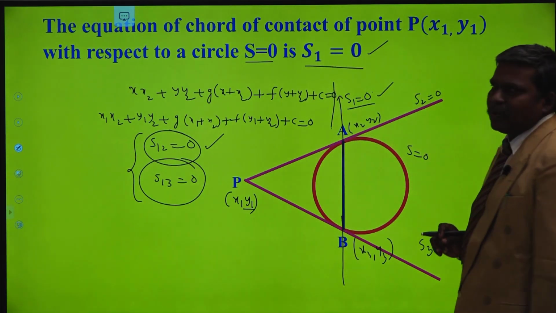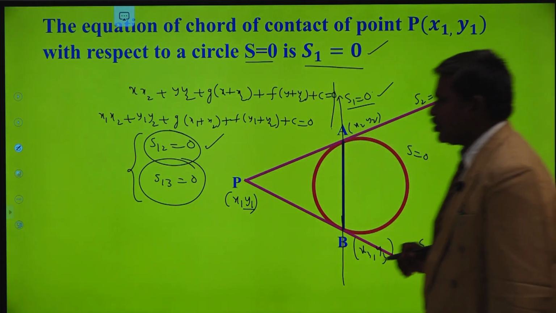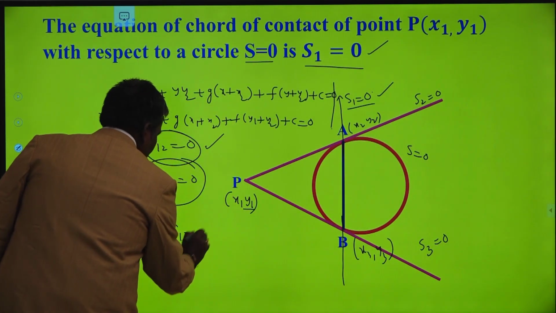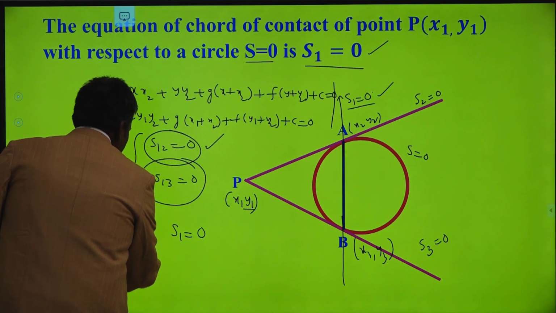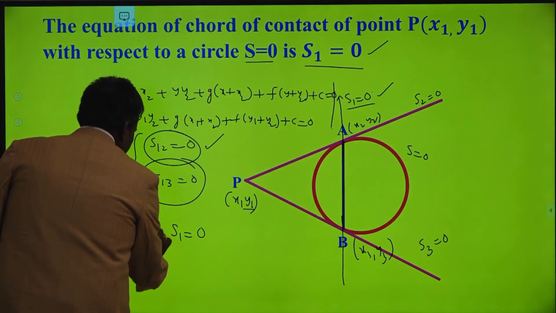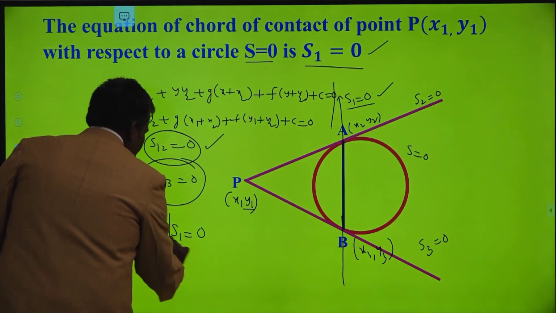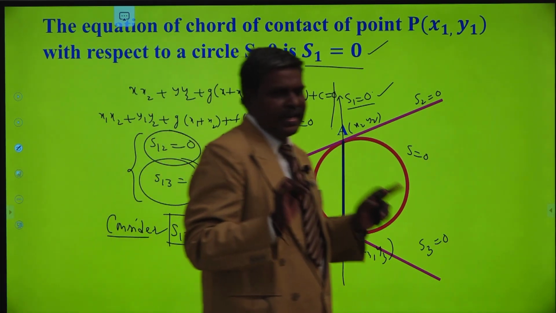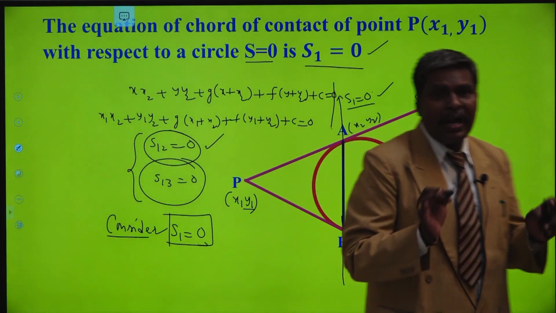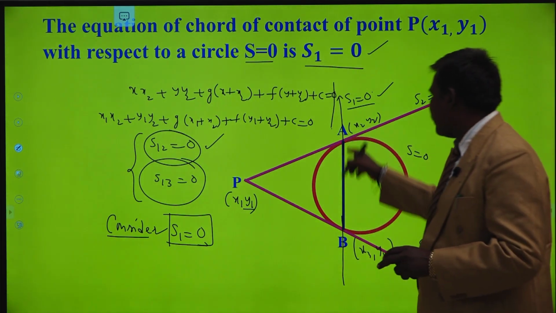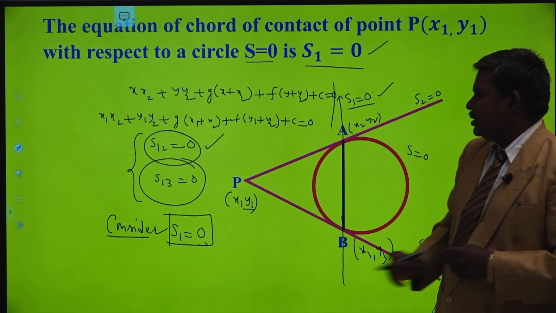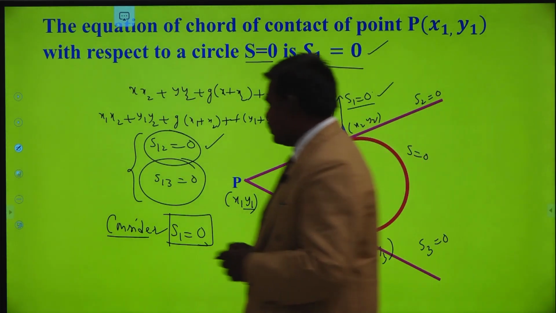Now I am going to consider the equation S1 = 0. If we show that S1 = 0 is a linear equation in x and y, and it is passing through both the points A and B, then we are done. So what is S1 = 0?